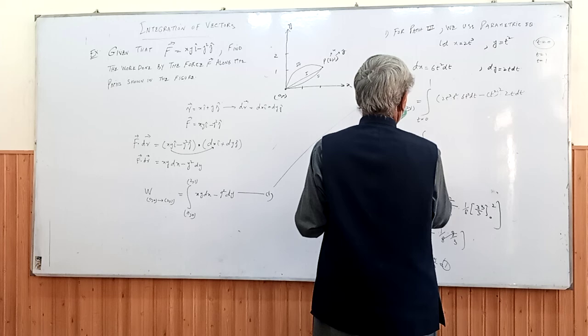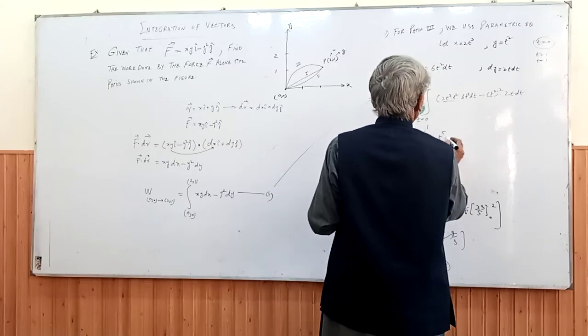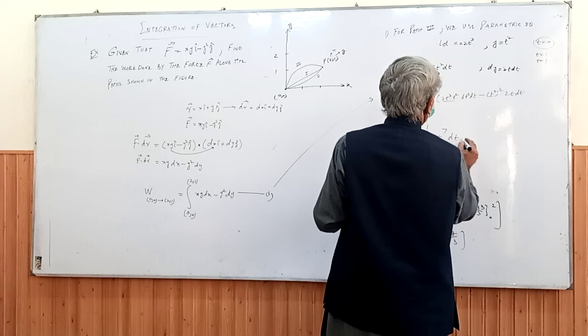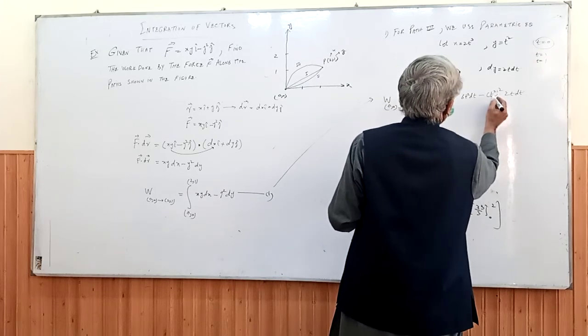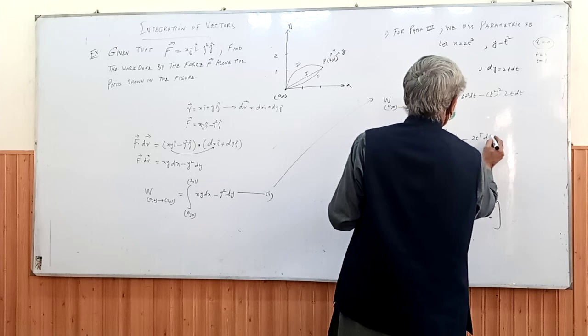It is 0 to 1, 2t5 into 6, 12 t7 dt minus t4 into 2t dt, that is 2t5 dt.